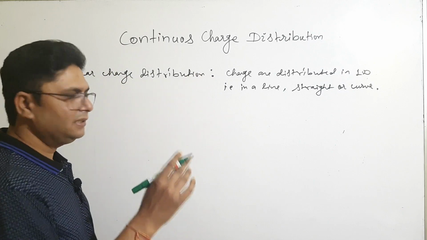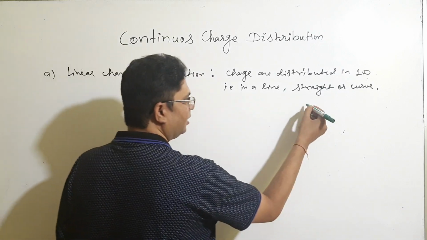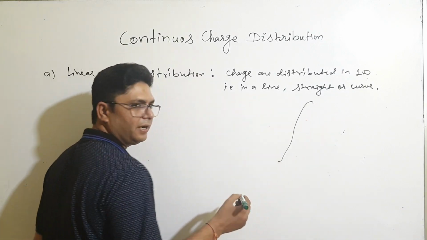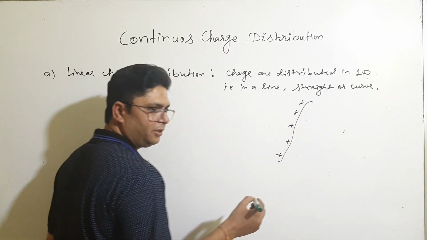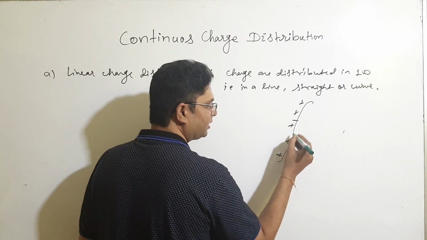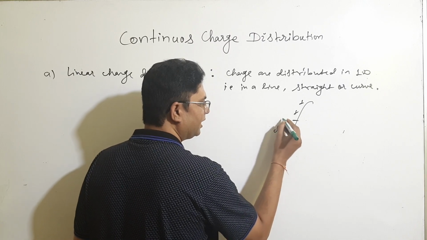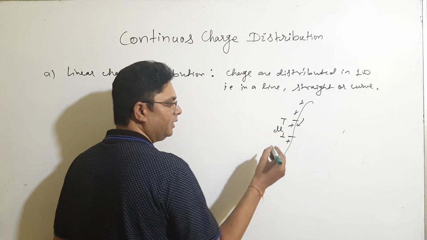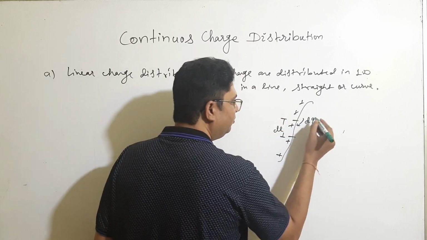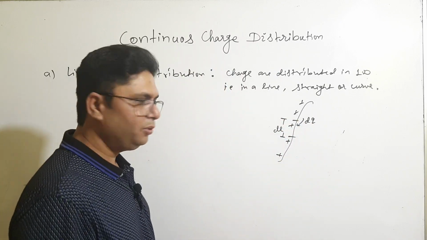To understand this, let us consider a wire having plus charges uniformly distributed. Let us have a small section of the wire, dl. In this dl there is charge dq.